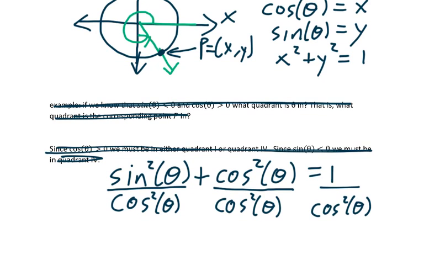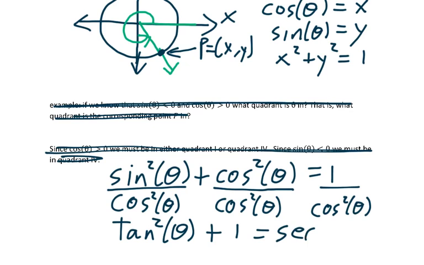Well, the first term, sine squared over cosine squared, is the same thing as tangent squared of theta. Cosine squared over itself is just 1. 1 over cosine squared is secant squared of theta.